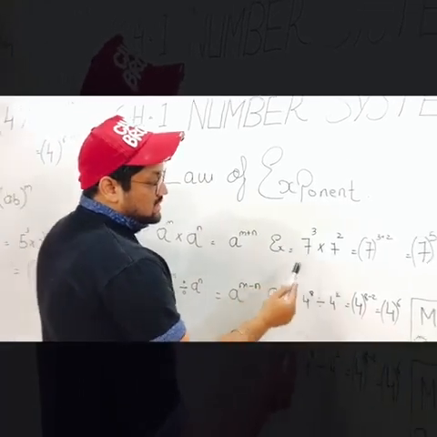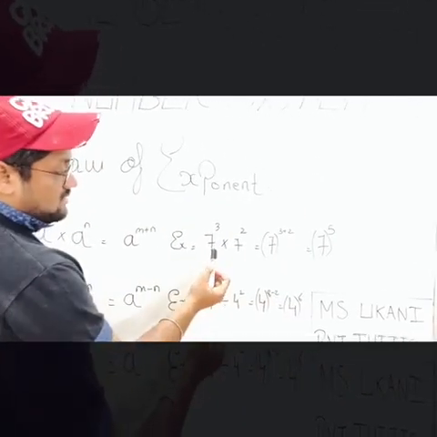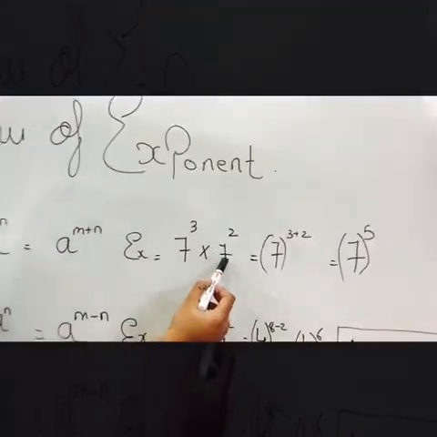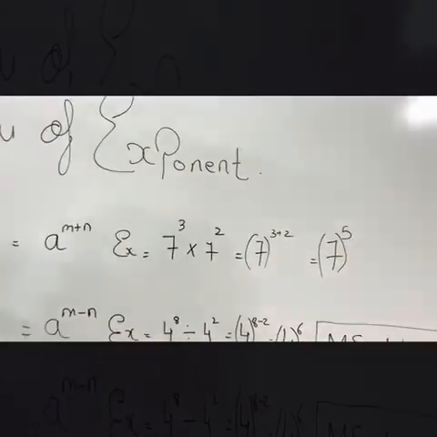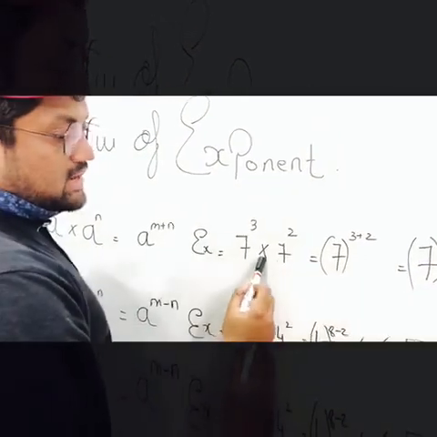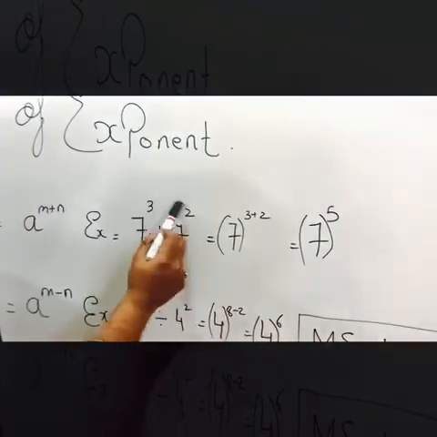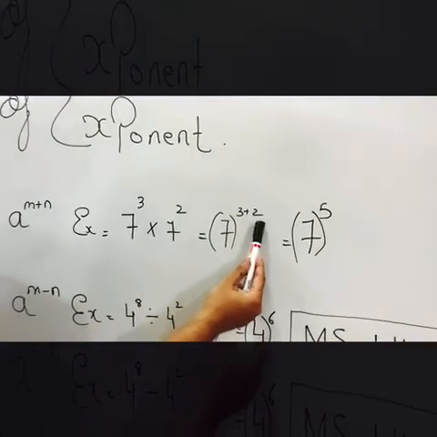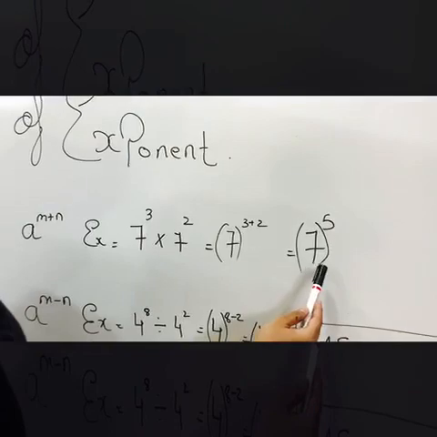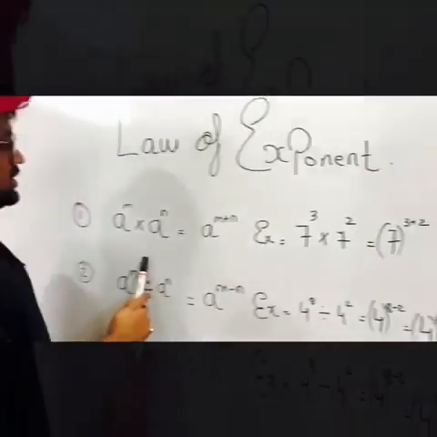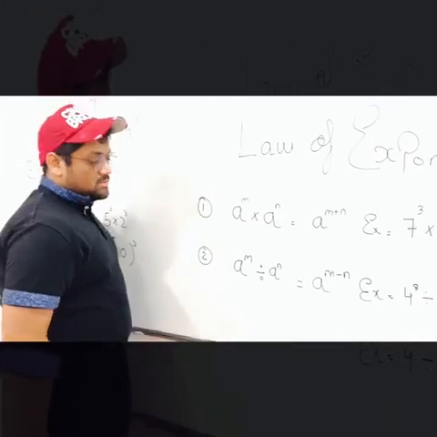Okay, so let us see the example. 7 raised to power 3 multiplied by 7 raised to power 2. So here the bases are the same, multiplication sign is there, therefore the powers will be added. So 7 raised to 3 plus 2, our answer will be 7 raised to power 5. So this is the first rule for the law of exponents.